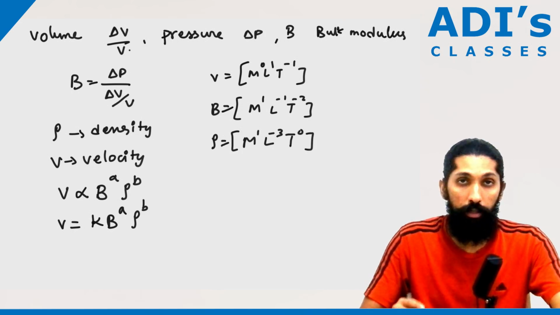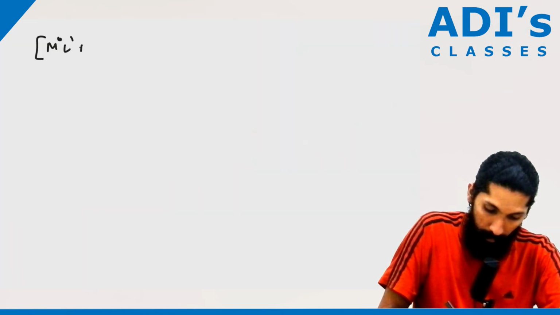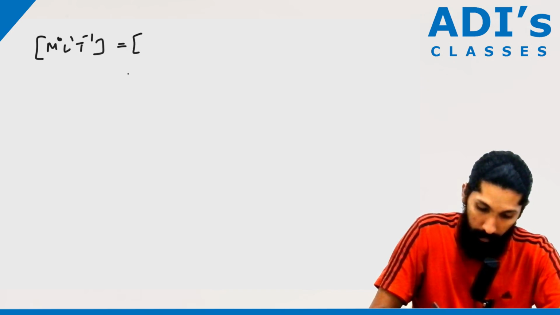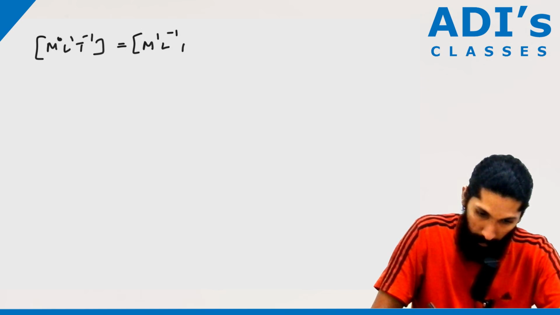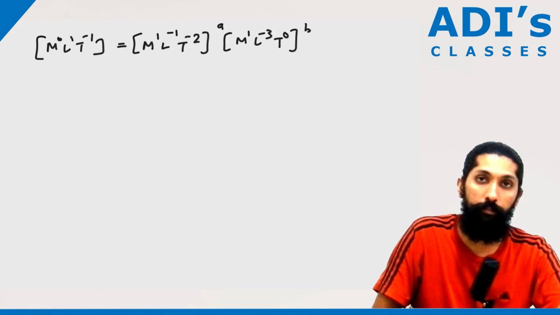Fair enough? Now let's do the math properly. Velocity V, so M0 L1 T minus 1 is equal to the bulk modulus, M1 L minus 1 T minus 2 power a, times density, M1 L minus 3 T0 power b.